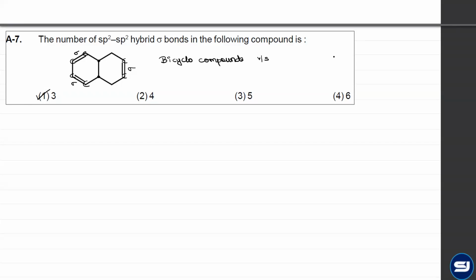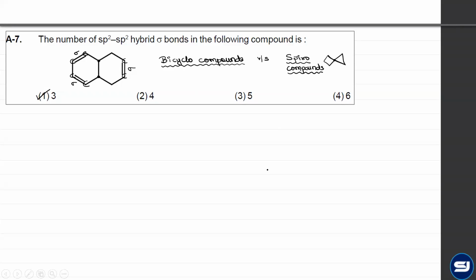Versus अगर हमारे पास दो rings है which are joined by one carbon in common, then they are called spiro compounds. Bicyclo में two carbon common and spiro में one carbon common. That is the difference between the cyclic rings का fusing.